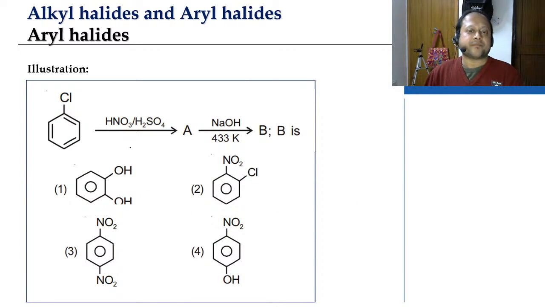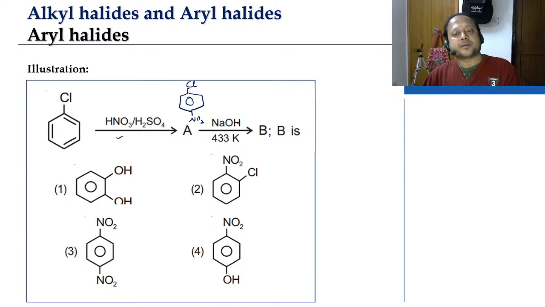Okay, so what do we have? You have been given chlorobenzene and you are doing nitration, right? So when you are doing nitration, you are going to have A over here as nitrochlorobenzene, right? Here we take the major product, that is at the para position. Chlorine is here, ortho and para nitration will take place. Let us take the major one. Nitro is there.